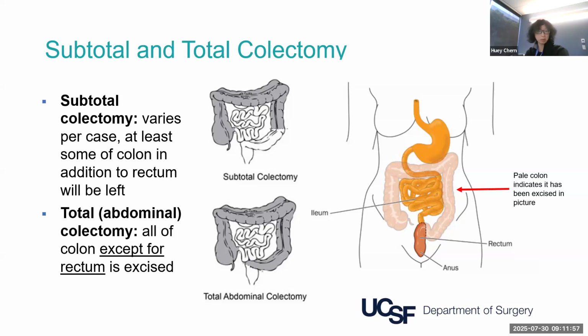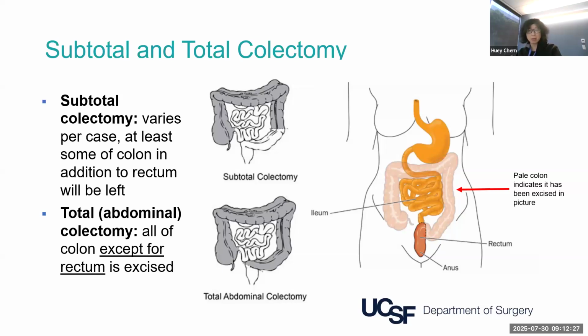And total colectomy would be done typically for, again, pathology in multiple areas. So it could be attenuated FAP or Lynch syndrome or UC as a first stage of the ultimate treatment.